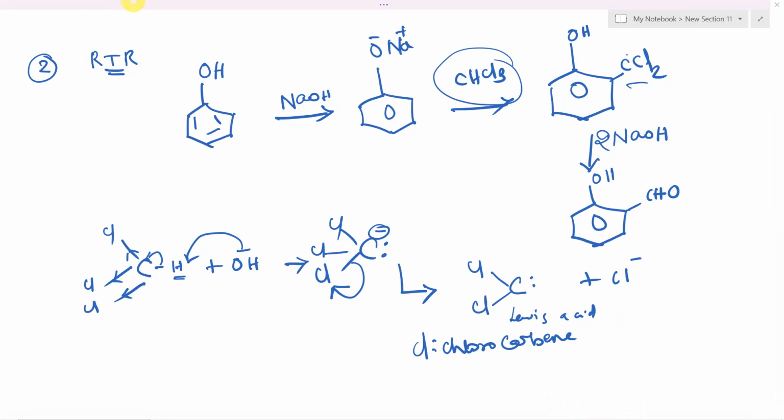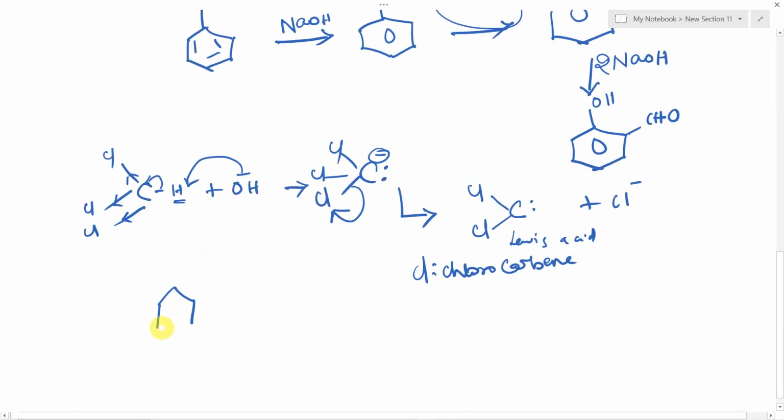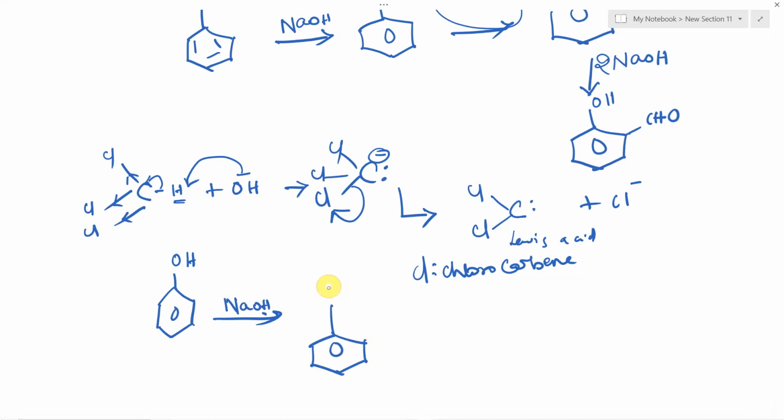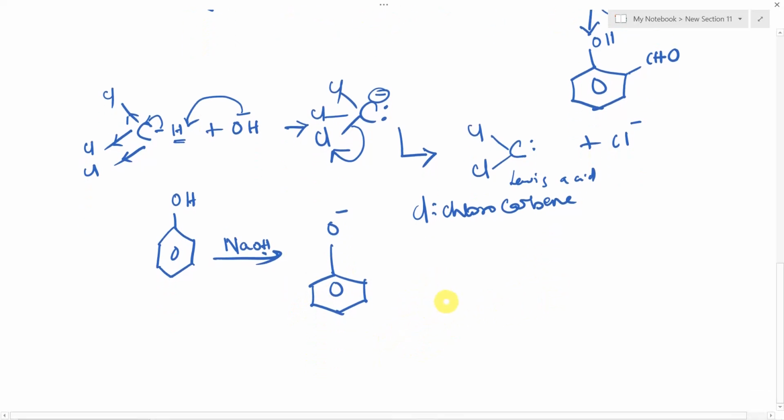As usual, phenol is taken. Phenol is treated with NaOH. As usual, we can get O minus, phenoxide ion. Let me write in bonds to show the resonance. The same phenoxide I am writing here, O minus.